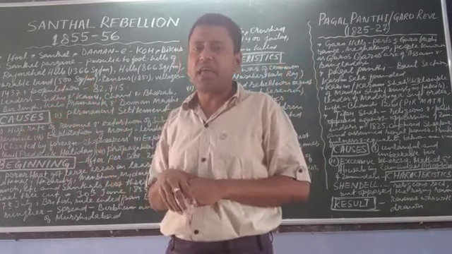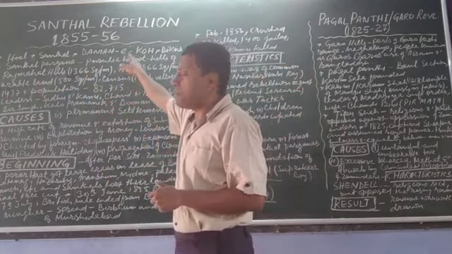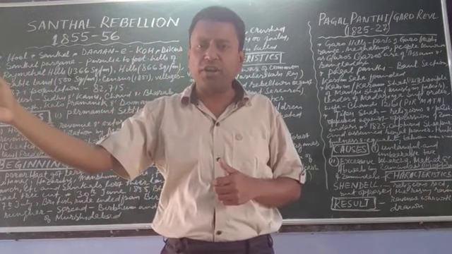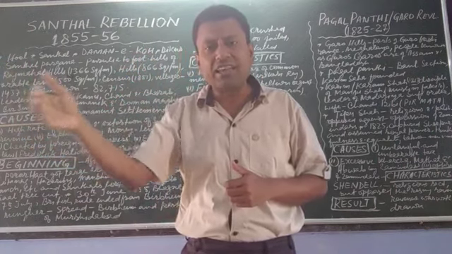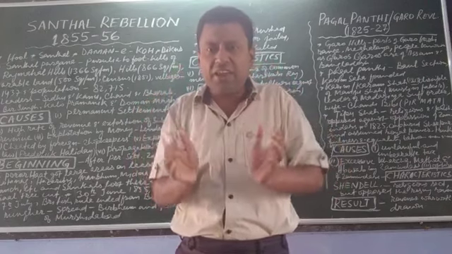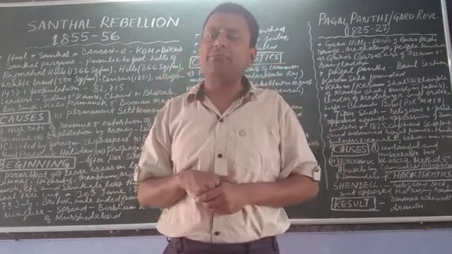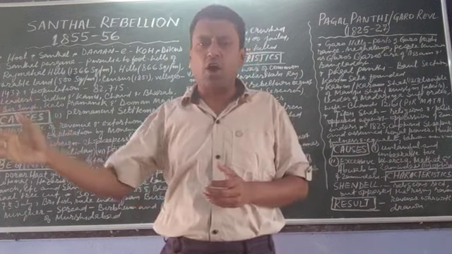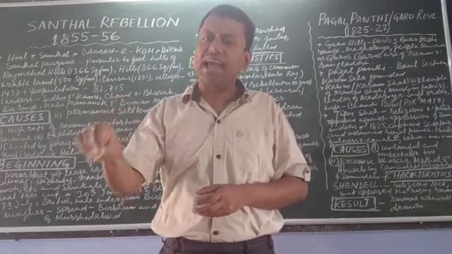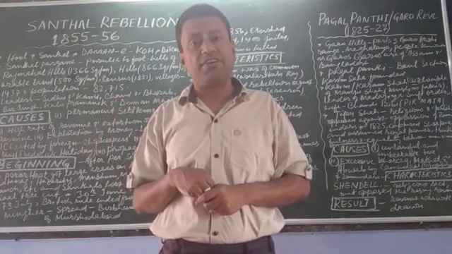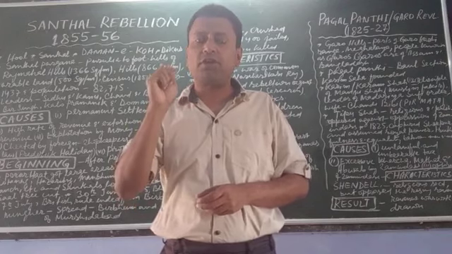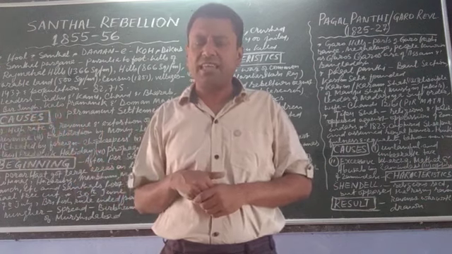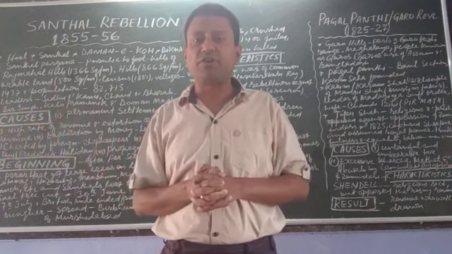After the establishment of Damane ko in the year 1832, the British or colonial government invited all the Santhali tribals to settle in the area of Damane ko. Afterwards, all the Santhali tribal people settled there. But very soon, misfortune knocked at the door of the Santhali people.